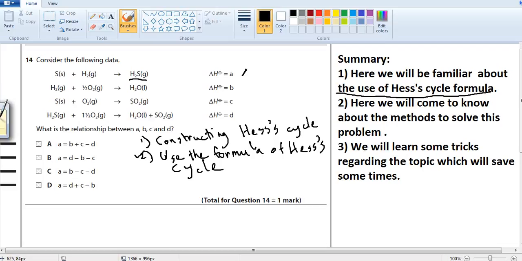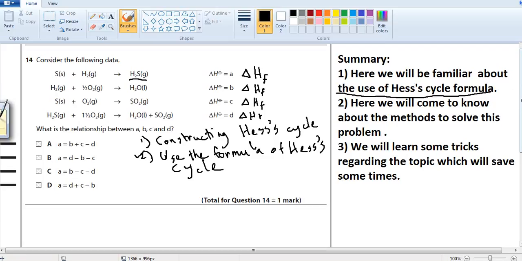So this is the formation enthalpy, this is also the formation enthalpy, this is also the formation enthalpy, and this is the enthalpy of reaction, or reaction enthalpy.